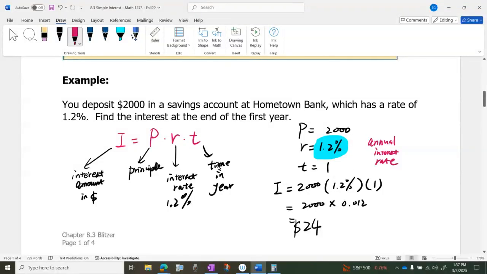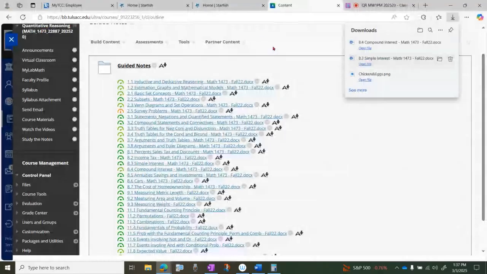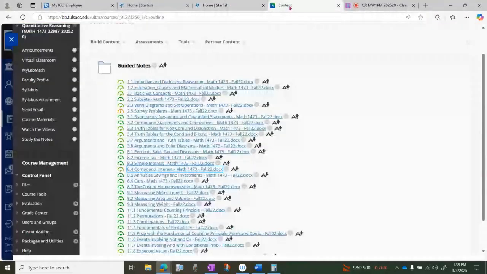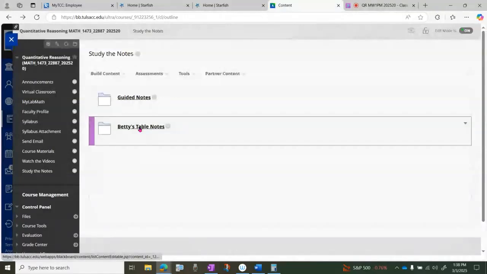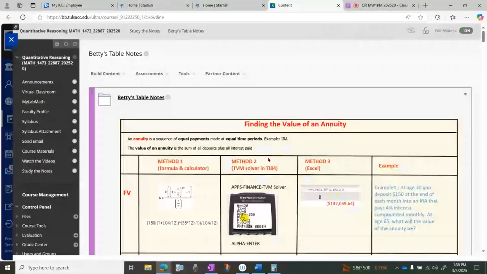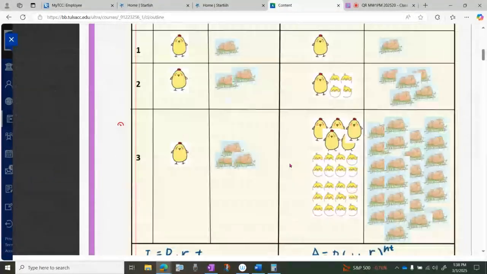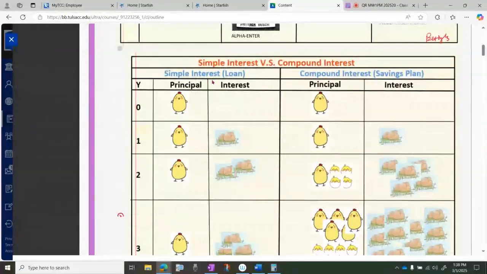And that's what happens. And by the way, I need to explain in my table note. In reality, when do we use simple interest? When do we use compound interest? In reality, when we take out a loan, the loan is using simple interest.